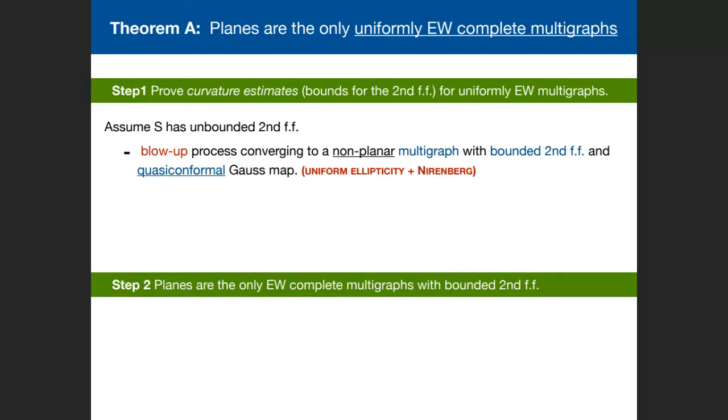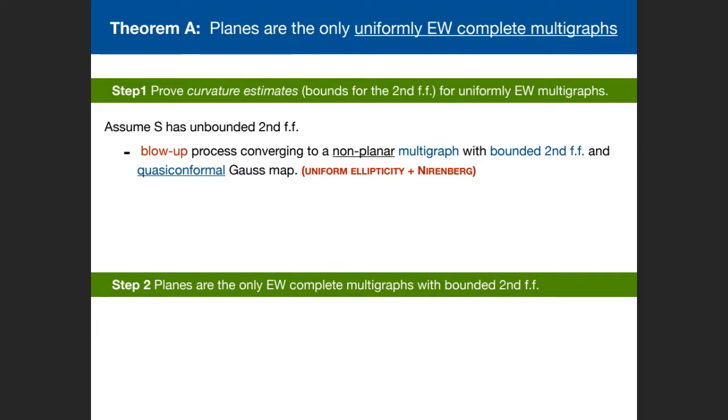So you can take small disks on your surface in which the second fundamental form is getting bigger and bigger. Now you rescale these disks so that the second fundamental form is bounded after the rescaling. And now you have a sequence of these rescaled disks. In the CMC case, you can prove that this sequence converges to a minimal surface.